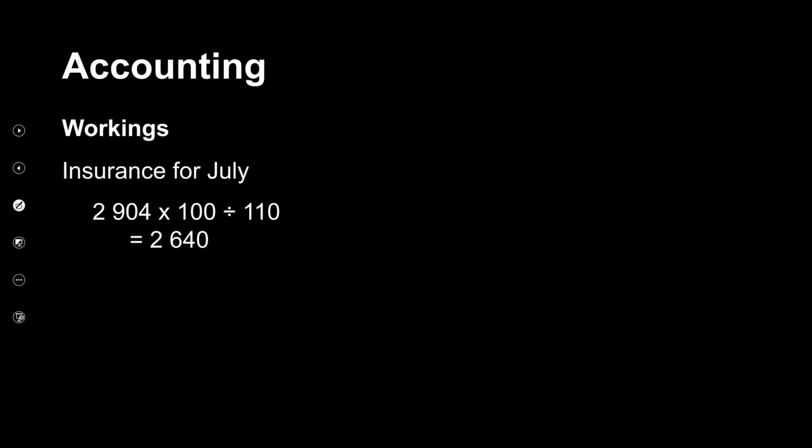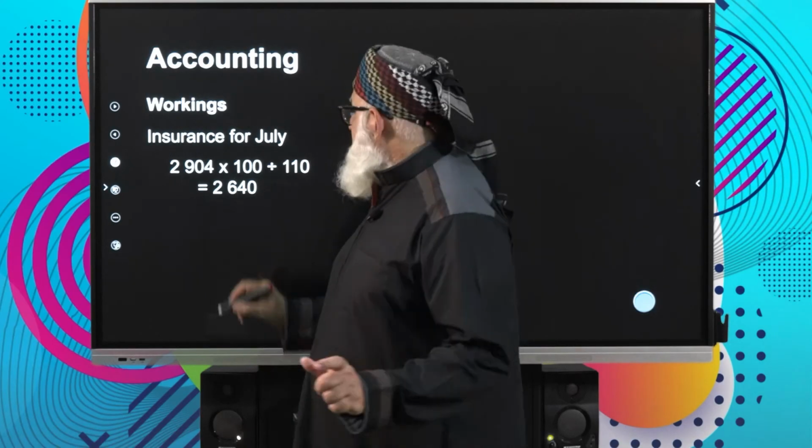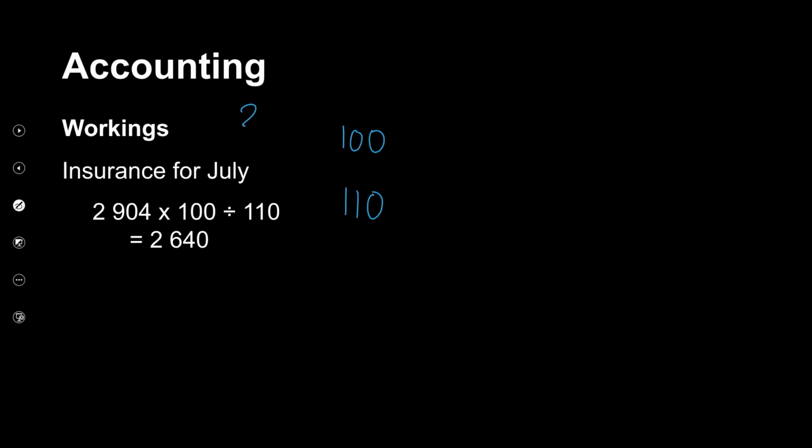Why are we doing that? Very simple. It means the old insurance was 100 and the new insurance is 110. Clearly you can see that the figure that you are working with, the 2,904, is the figure which has the increase built into it already, namely the 110.